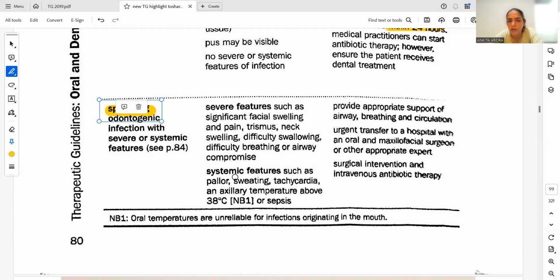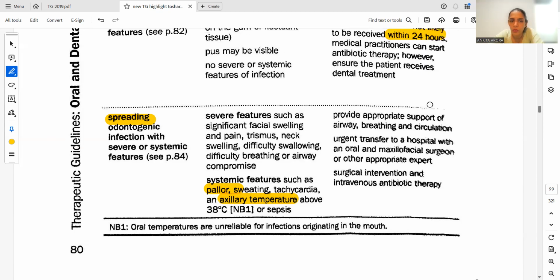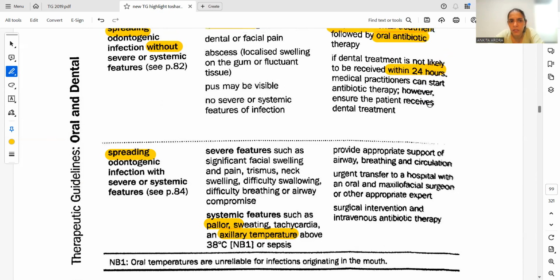So severe or systemic features means there will be sweating, tachycardia, axillary temperature above 38 degrees Celsius. Fever is one sign of systemic involvement. We always check fever in spreading odontogenic infections. In fact, how do we know whether this infection is spreading or not?